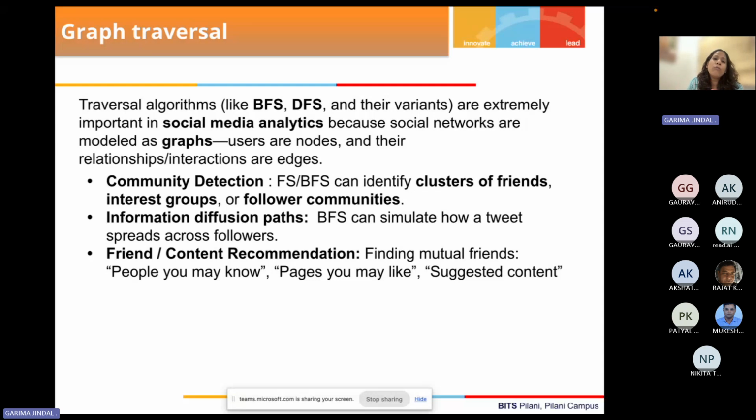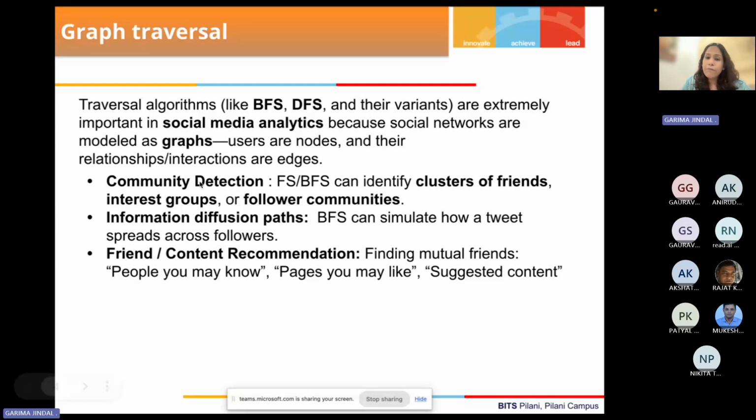An ego network is when you want to find the connections of a person's friends of friends. You want to identify who the friends of this person are, and further, at the next level, who the friends of friends are. This kind of network is called the ego network, and BFS plays a very crucial role when we want to identify these ego networks.